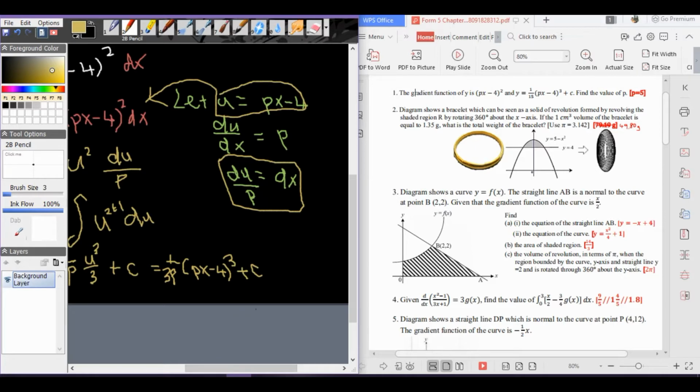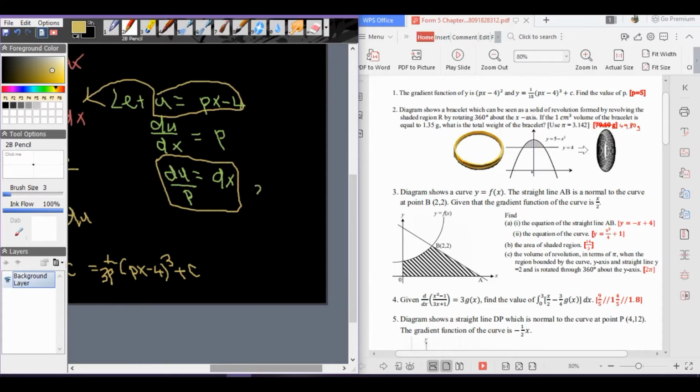You compare with the question, y equals 1 over 15 (px minus 4) cubed plus c. Therefore 1 over 3p equals 1 over 15. That means 3p equals 15, so p equals 15 divided by 3, which is 5.